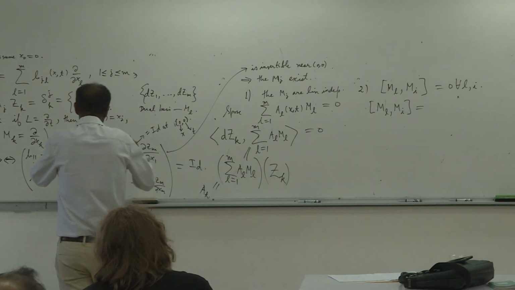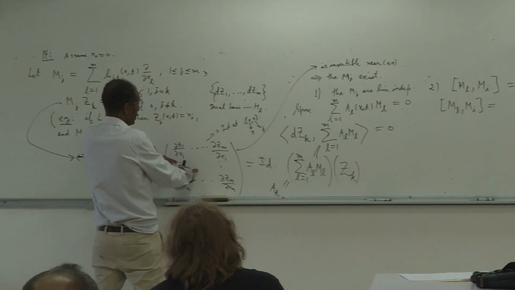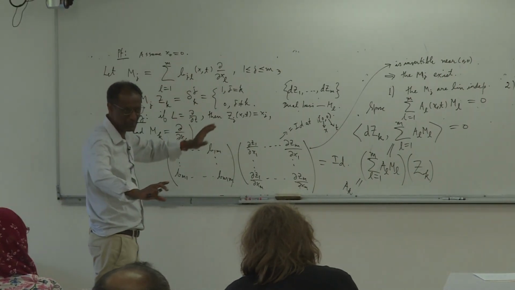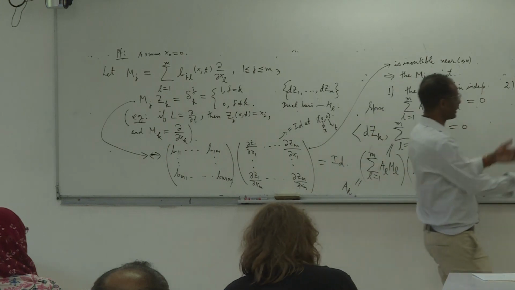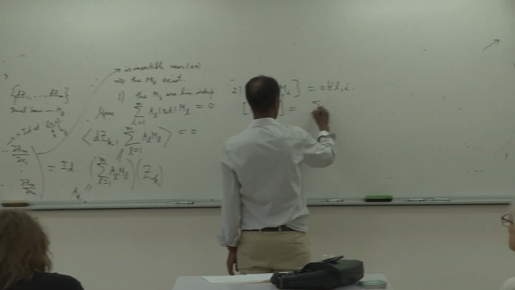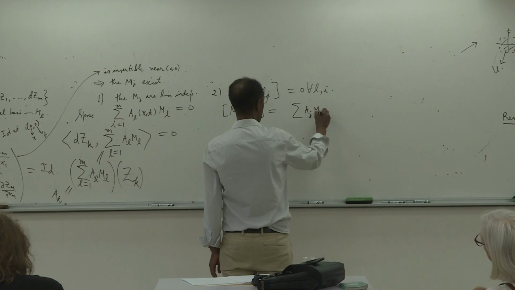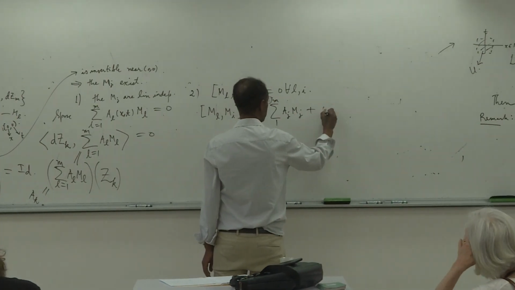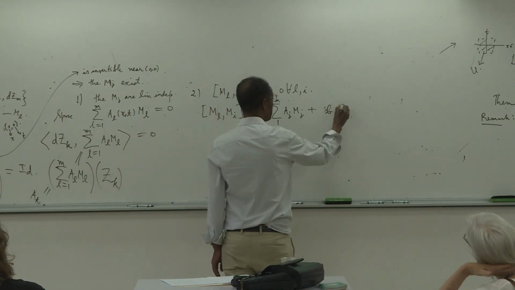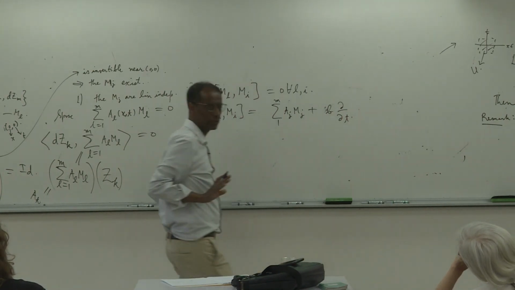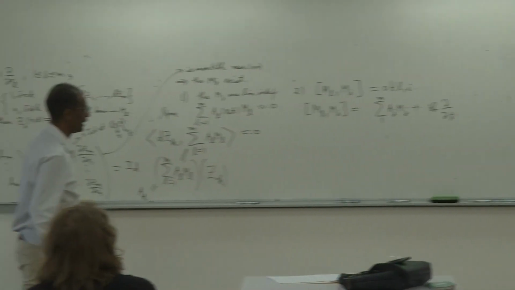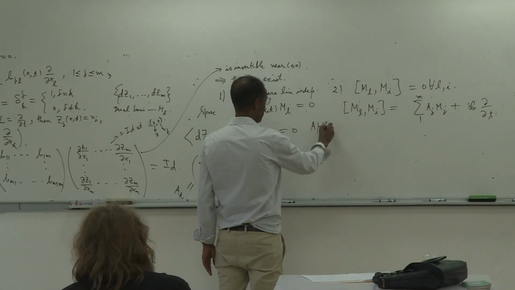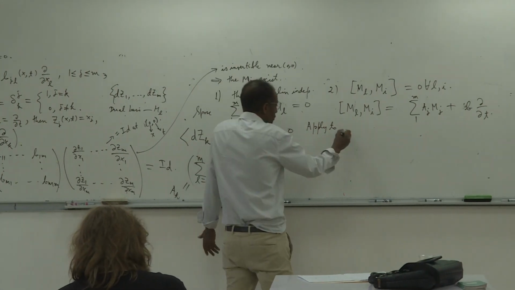The mi contain basically any d by dxi, which can be written in terms of the mi. You already see it at the origin. At the origin, this was the identity, which basically tells you mj is d by dxj. So this is a vector field, so I can write it as a linear combination aj mj plus little b d by dt. Now apply both sides to the function t.